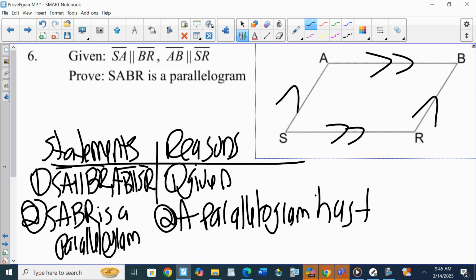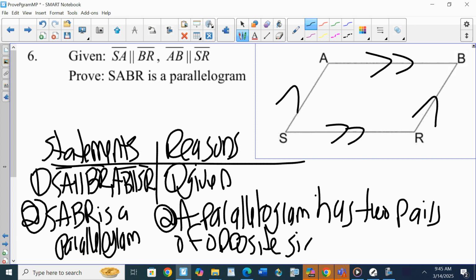I proved 2 pairs of opposite sides parallel. So I'm not going to do all 5 different pictures. I think at this point you get the gist. Once I have one of those 5 pictures, I can state that it's a parallelogram. And the reason is a parallelogram has whichever one of those 5 things you proved.